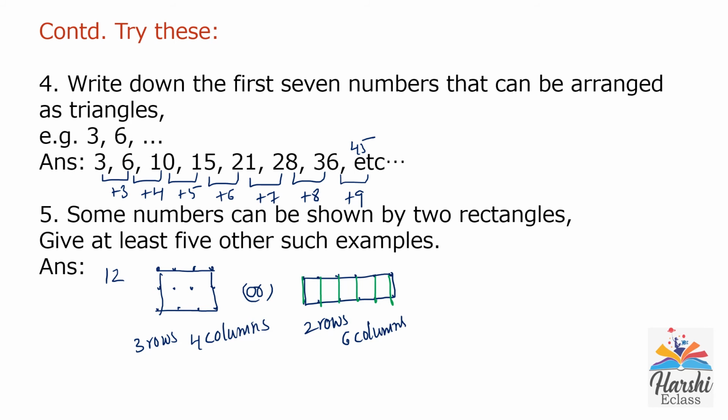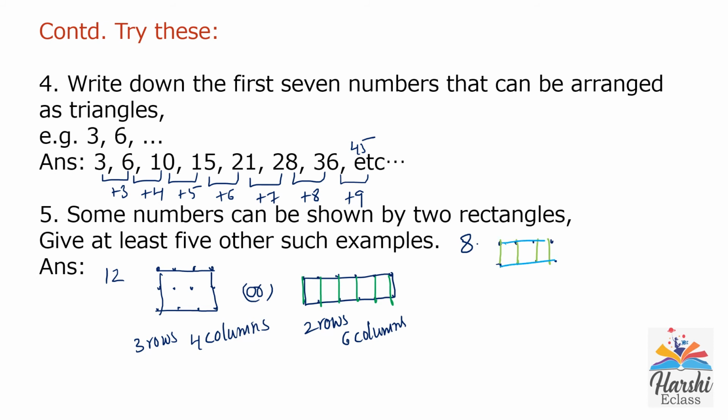Next example is 8. 8 can be arranged in 2 forms. One is 2 rows and 4 columns. Here the columns are 1, 2, 3, 4 and the rows are 1, 2.